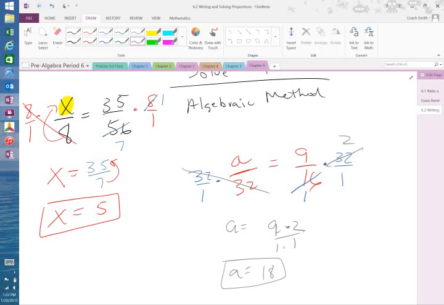We're going to set up a proportion that is made up of two ratios. The first ratio would be what? To what? Okay, but I got to have a ratio, so I got to have a fraction. So what is the ratio? That is part of one of the ratios, but it's not the ratio. What is the ratio?